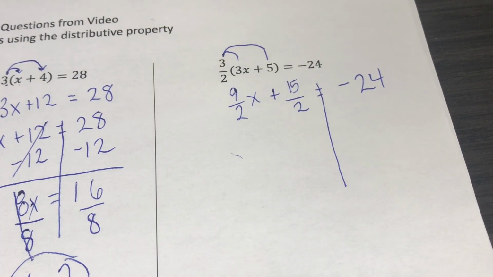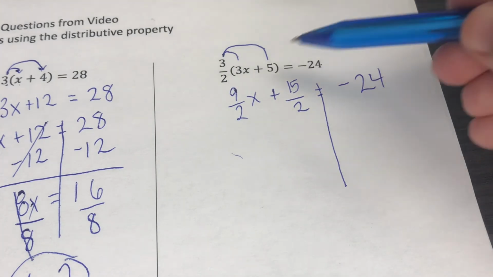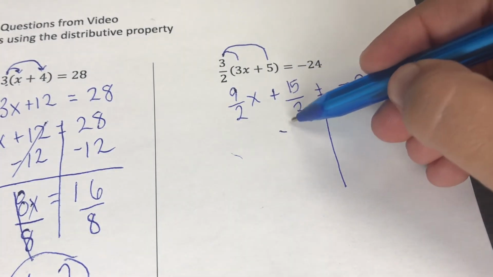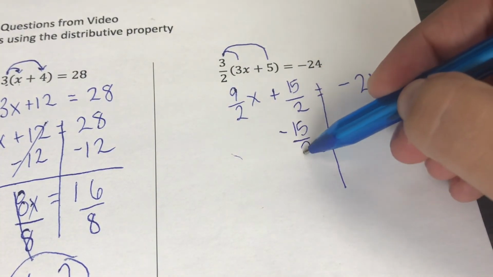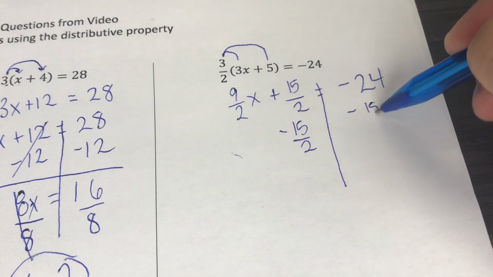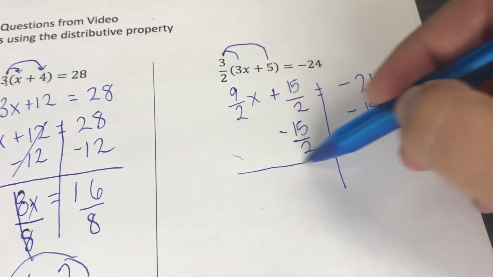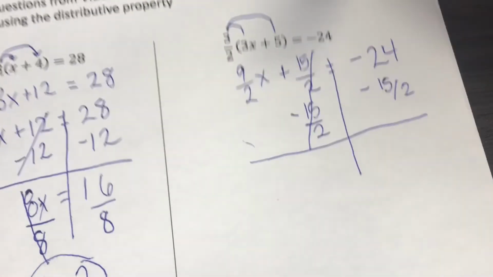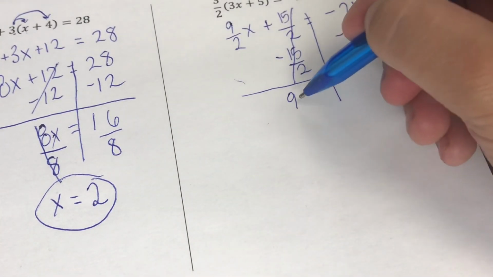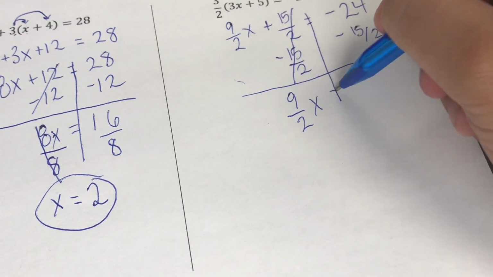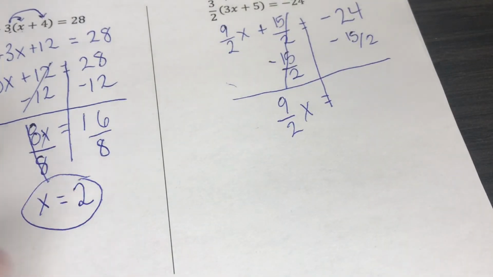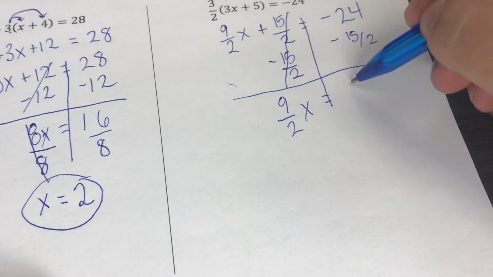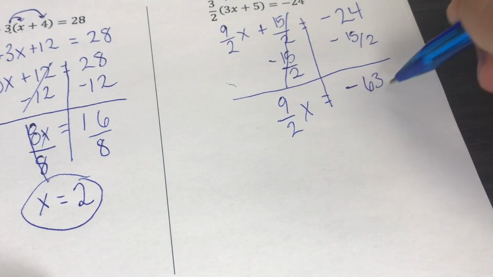So we're using our inverse operation of plus to be a minus 15/2 on both sides. They cancel out on this side just like we like. And we're left with 9/2 x is equal to negative 24 minus 15/2, which is equal to negative 63/2.